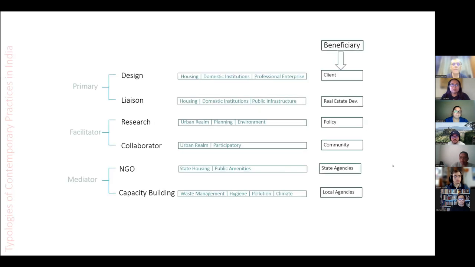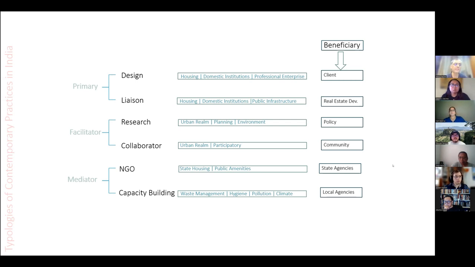So largely, there are three types of practice that exist in India as of now. Primarily, the role of the architect is to design or do liaison. Design obviously means you design housing, domestic, institutions, and professional enterprise kind of quality that you have. And you also have parallelly someone else taking care of the permissions, the liaison.